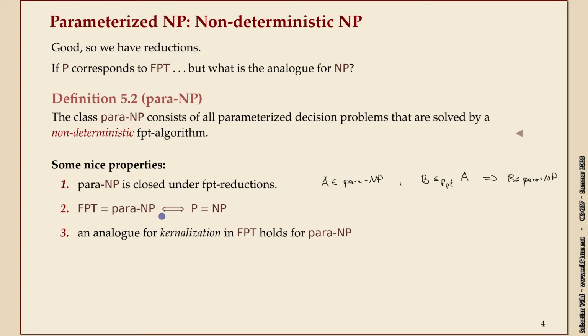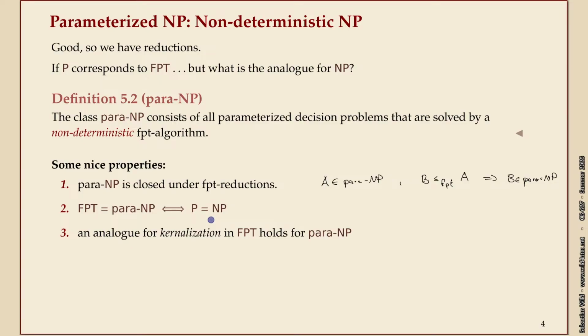Another nice consequence is FPT is equal to para NP, which again, we shouldn't think is a likely thing. Right? This means I can use the full power of non-determinism in an FPT algorithm, and that doesn't allow me to do more than doing it deterministically without any guessing. But the two are the same if and only if P and NP are the same.